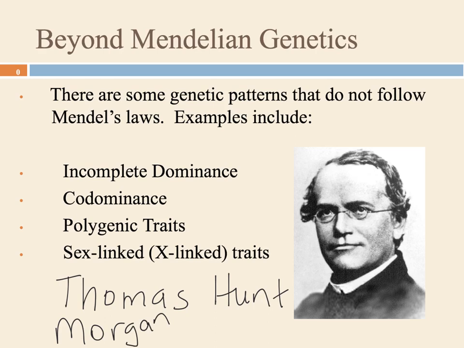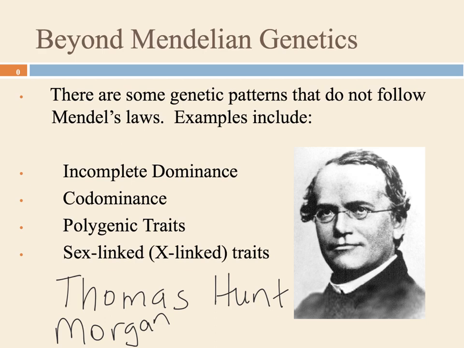He was a scientist that studied fruit flies. Fruit flies, for the same reason that Mendel chose peas, he could easily manipulate them to control what type of fly crossed with another. He could also generate lots of offspring in a short period of time, and he could also look at several different generations again in a short period of time.